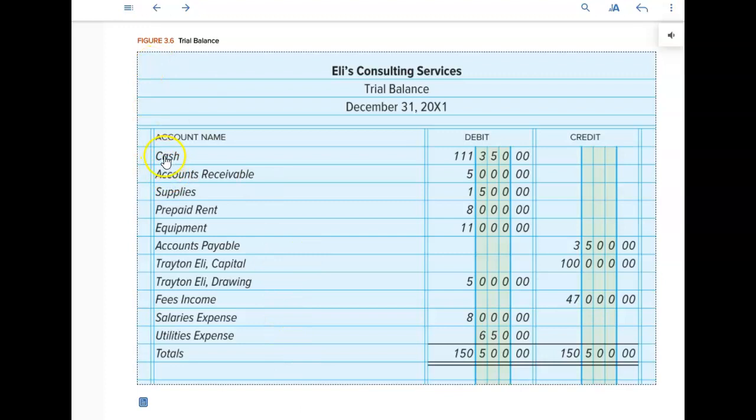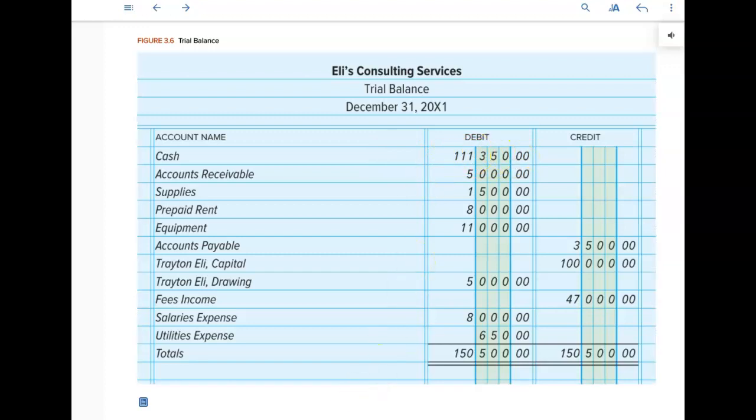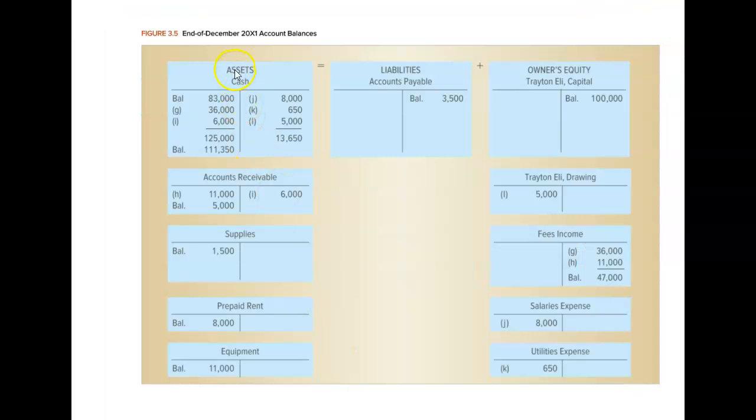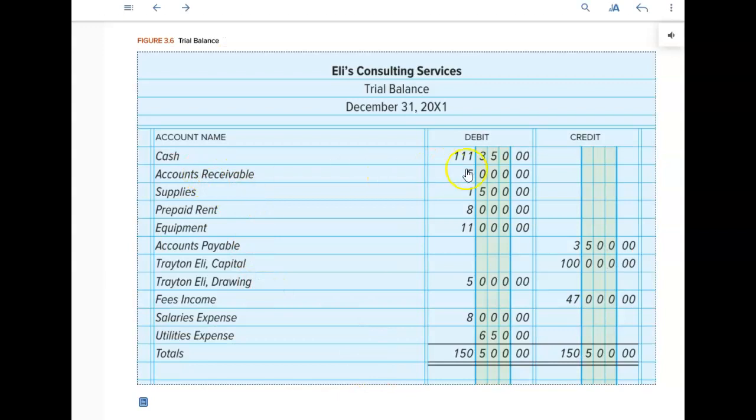So for instance, cash is shown as having a debit balance of $111,350. That came from the T account. Cash, debit balance of $111,350. Accounts receivable, $5,000 debit balance.